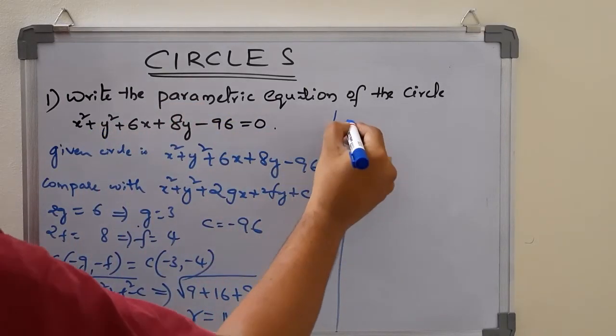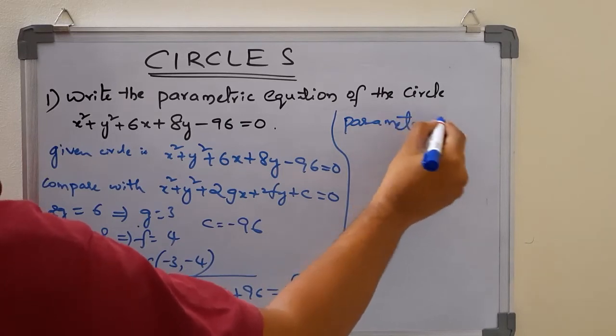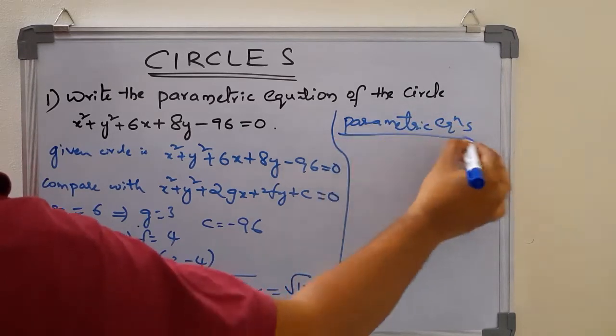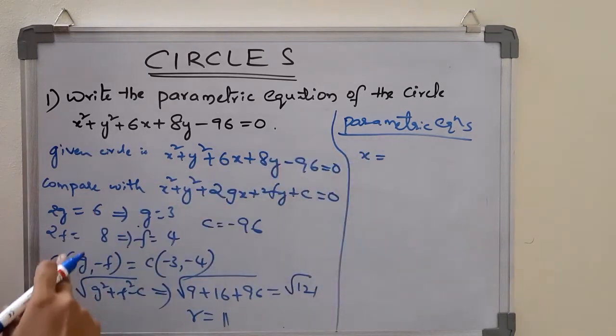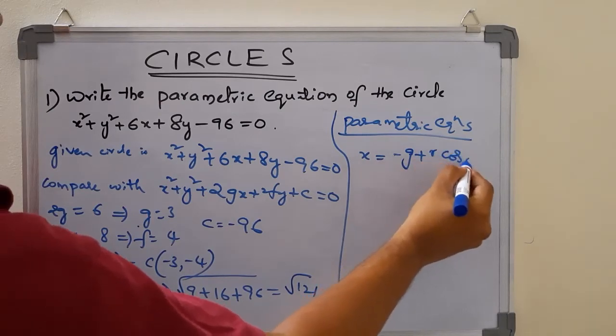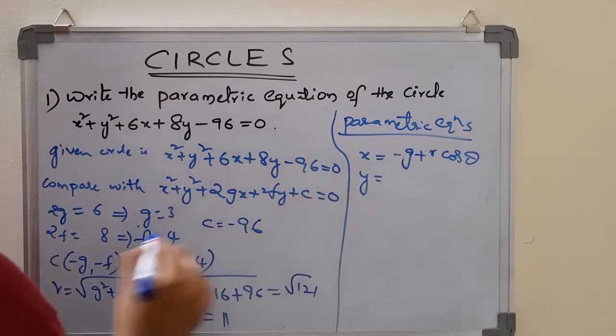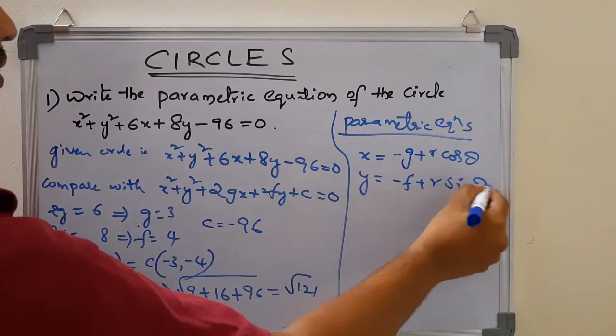What are the parametric equations? x is equal to h, that means here minus g, plus r cos theta, and y is equal to minus f plus r sin theta.